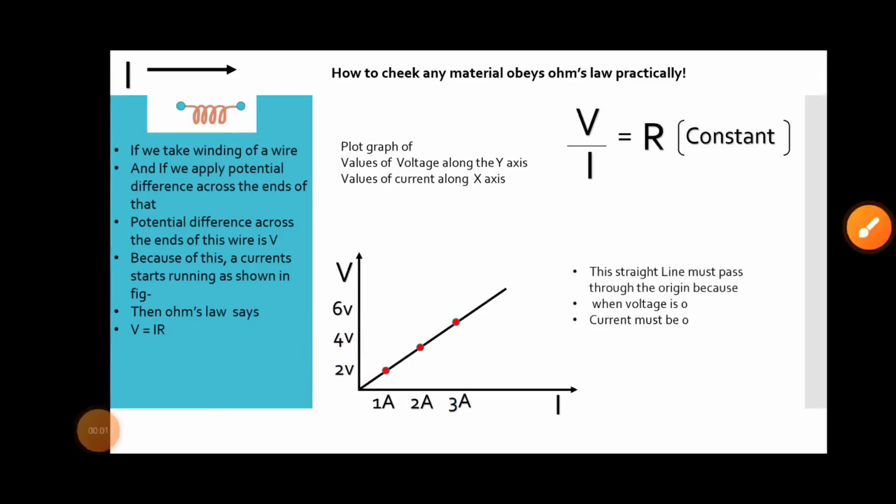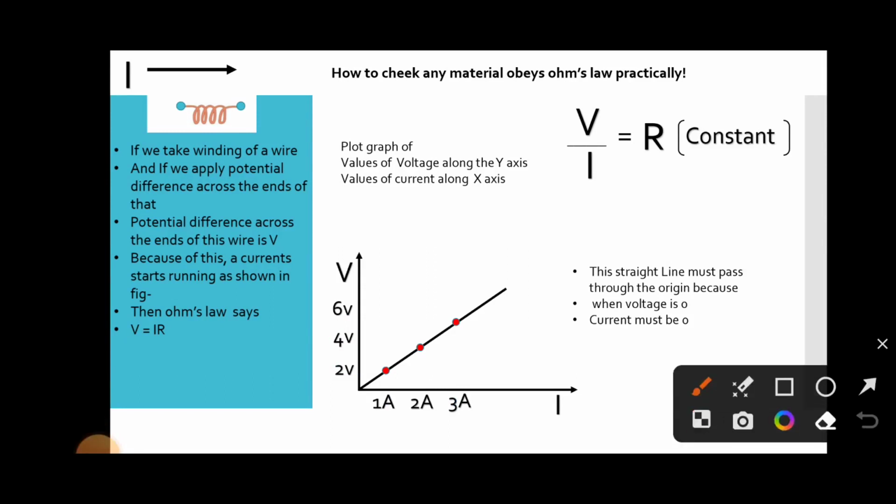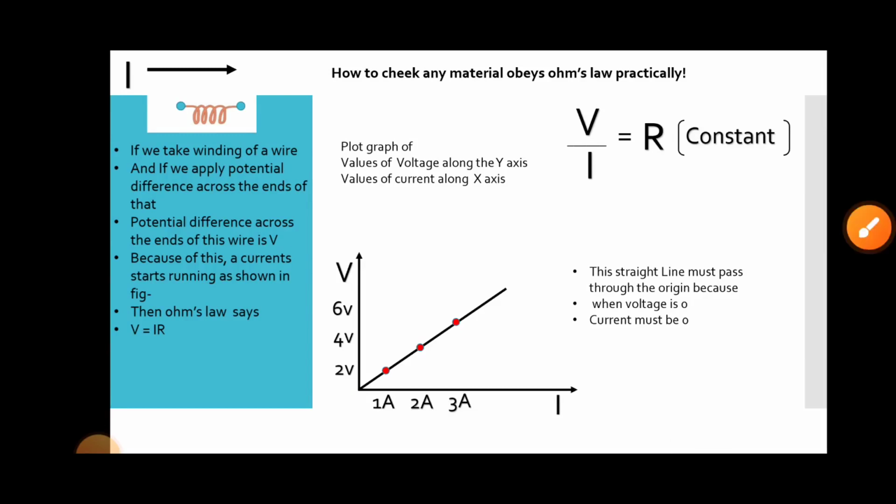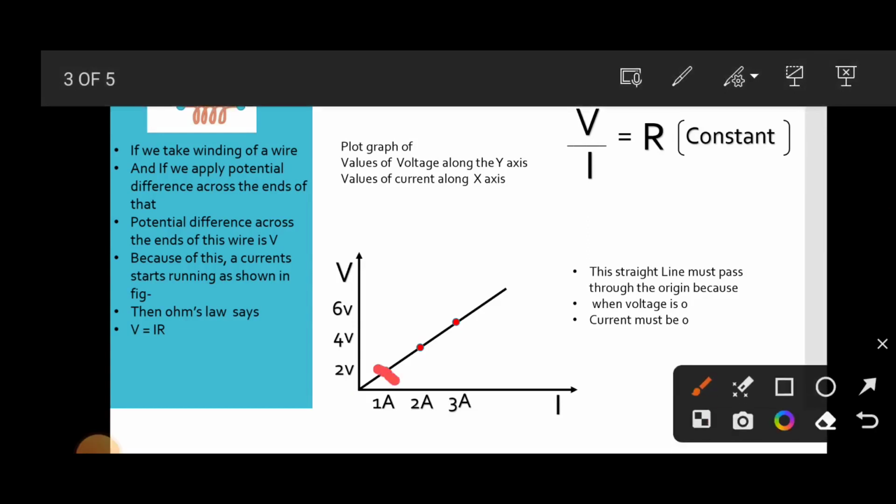So this straight line must pass through the origin, because when the voltage is 0, then the current must be 0. And if we connect these points, we get a straight line passing through the origin. Then we say that the material follows Ohm's law.